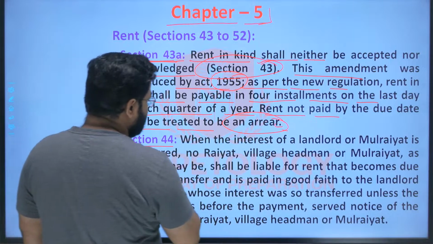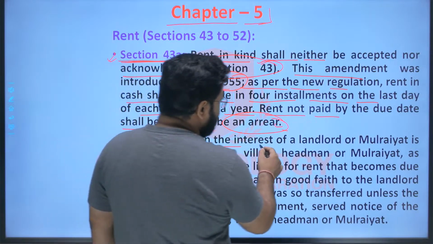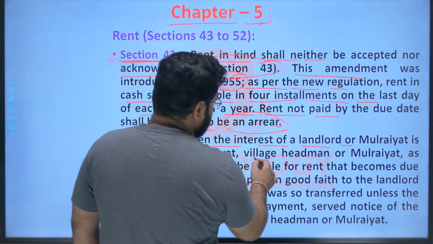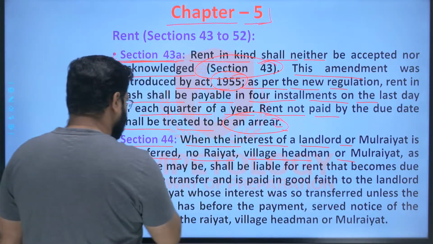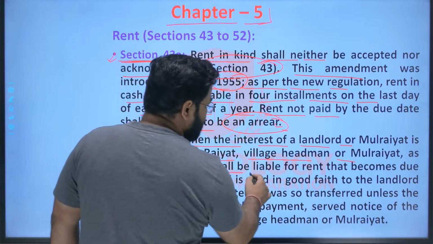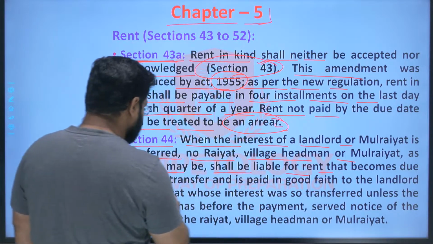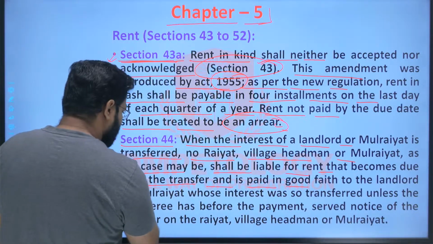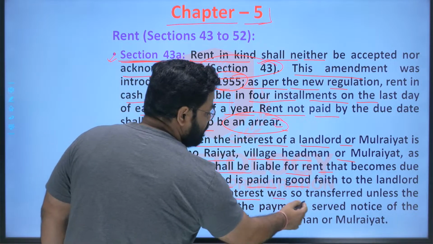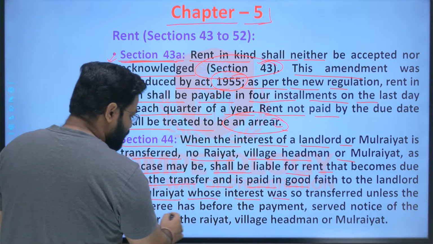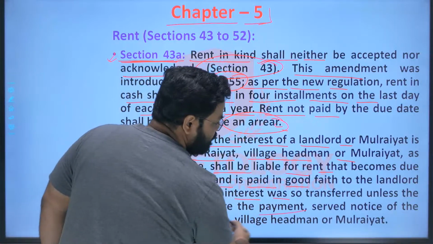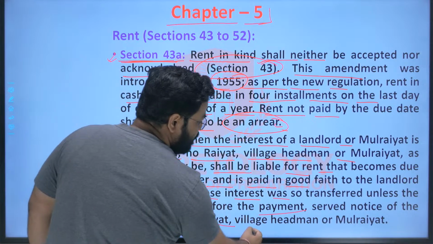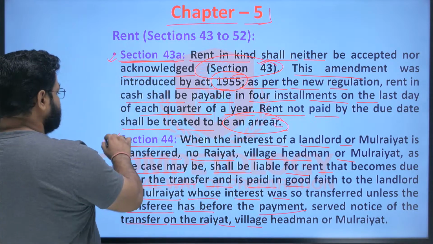Next, section 44, it says that when the interest of a landlord or a mool rayyat is transferred, no rayyat, village headman or the mool rayyat, as the case may be, shall be liable for the rent that becomes due after the transfer and is paid in good faith to the landlord or the mool rayyat whose interest was so transferred, unless the transferee has before the payment served the notice of the transfer on the rayyat, village headman or the mool rayyat, right.